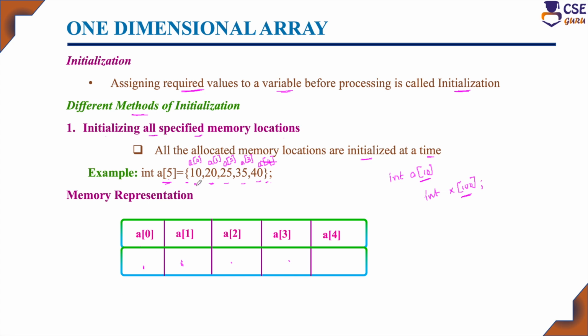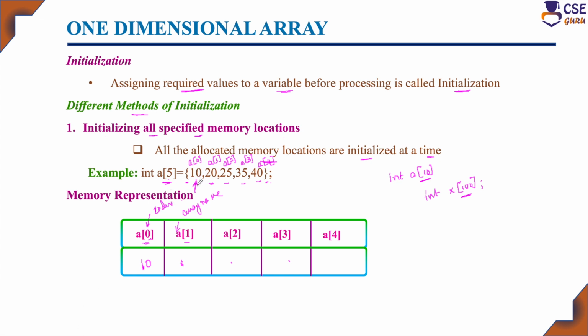Likewise only elements will be assigned. So here in array, elements will be assigned from the starting location. That is A of 0th location. So here if you are considering value 10. Memory representation if you are considering in this sense, this is the array index. A is the array name. And the index value, if you are considering, this 0, 1 and all index values.